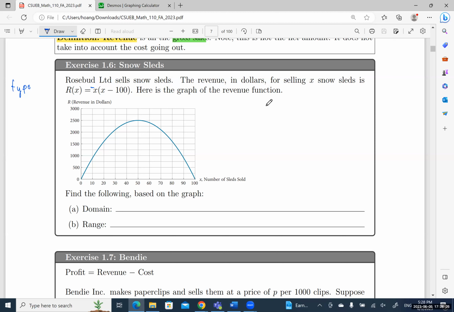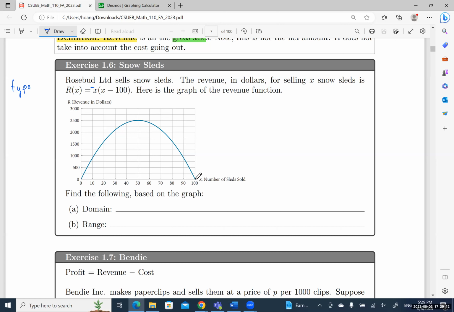They don't say what the maximum number of snow sleds is, what the capacity is. But you can see the function starts from 0 and goes up, then the values keep going down after about 50, until x equals 100, where the revenue becomes 0.